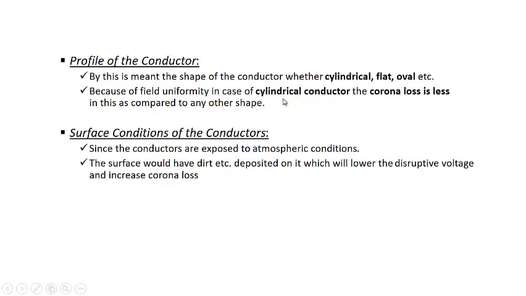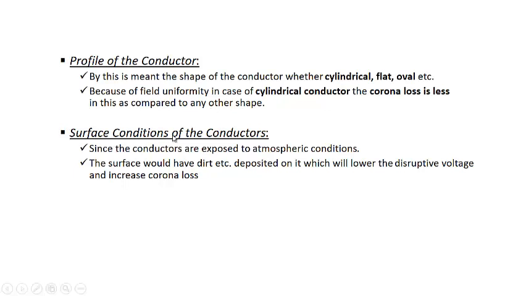Because of that property of the cylindrical conductor, the field is uniform around it, and coronal loss will be less as compared to flat or oval. That is why for a cylindrical or smooth conductor we take m0 equal to 1. When that appears in the equation, the critical disruptive voltage increases and the coronal loss will decrease.